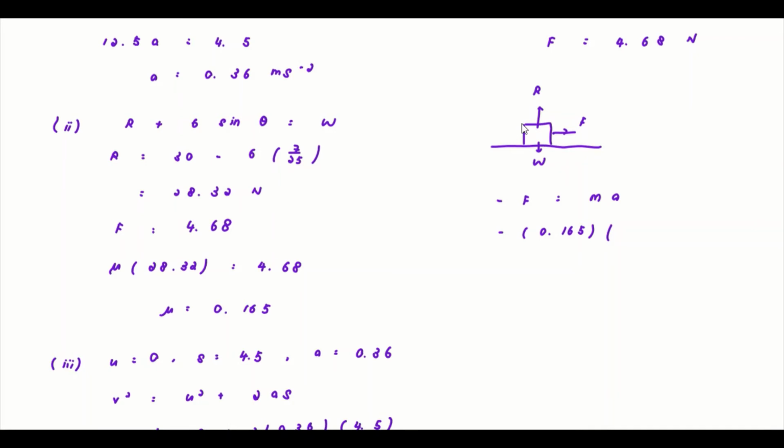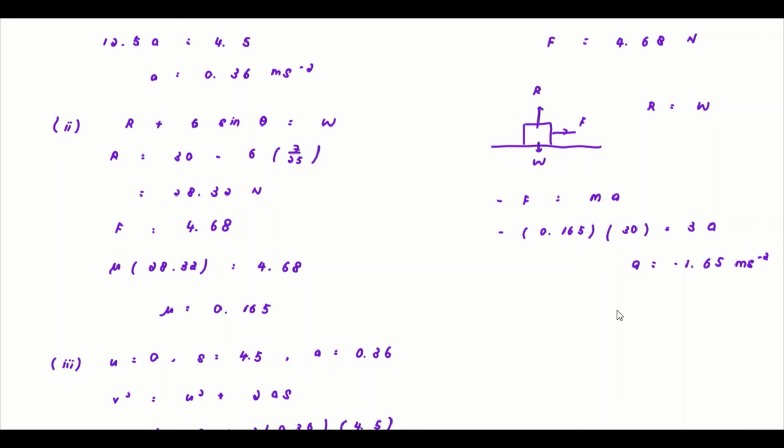Since there's no 6 Newton anymore, the resultant here is basically equal to the weight. So the weight here is 30, so that's why 30, and then equal to the mass 3 then a. Okay, so by solving this, then we will be able to get the acceleration is equal to negative 1.65 meter per second square. So which is a logical answer because your acceleration should be a negative one since there's only friction, so it should be slowing down.